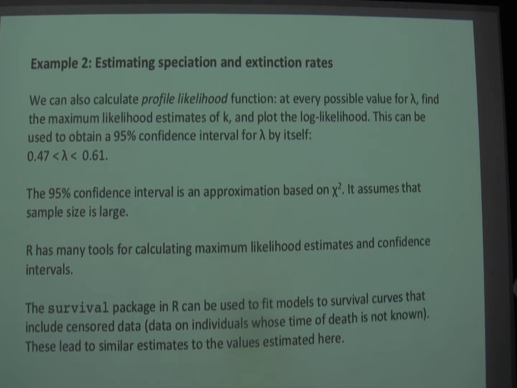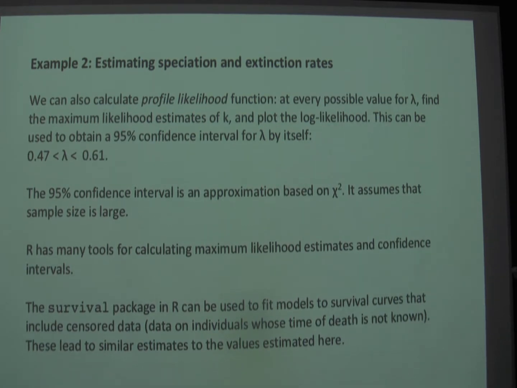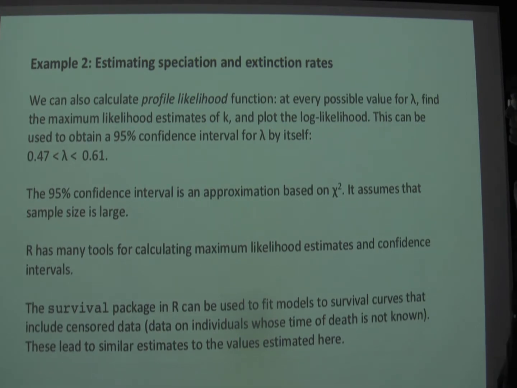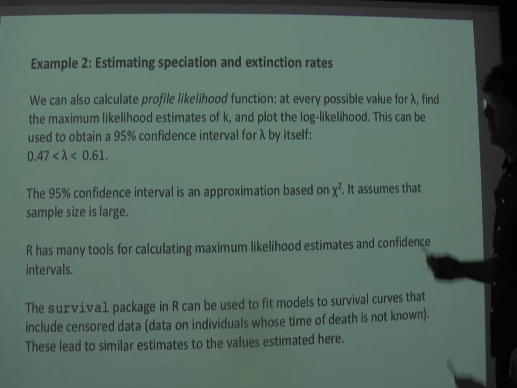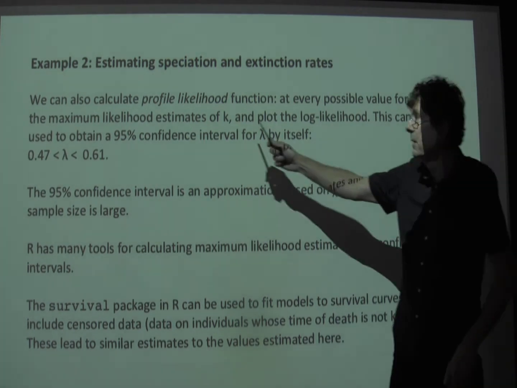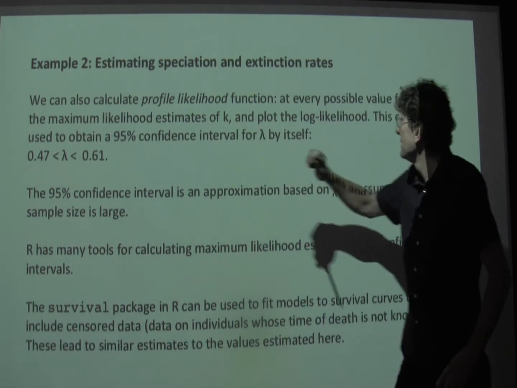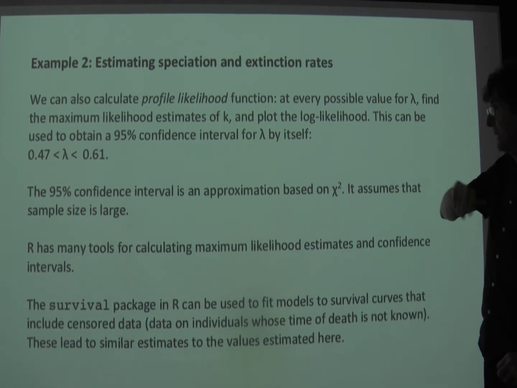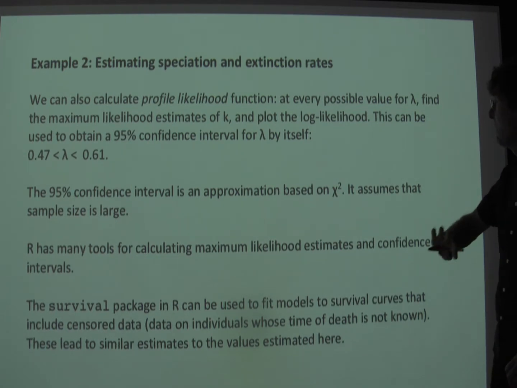A couple of other points I wanted to make before finishing with this example. There's a quantity called a profile likelihood function, and this is something you don't really want to do by hand, but you might run into it. What it does is it says, look, we're interested in lambda, we're not really so interested in k. The profile likelihood then says, well, k is just a nuisance. Lambda is the thing we're most interested in. And so we end up producing, again, a two-dimensional likelihood curve like we generated for the population proportion.